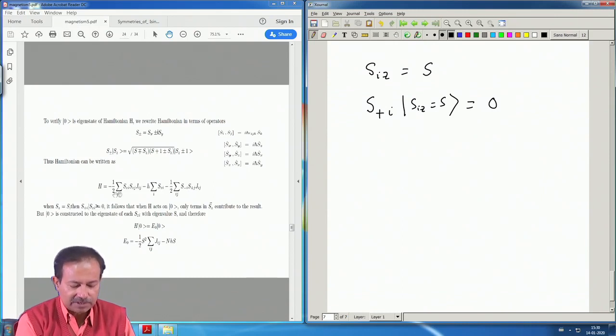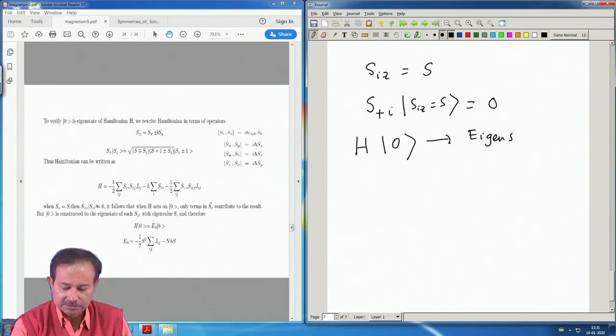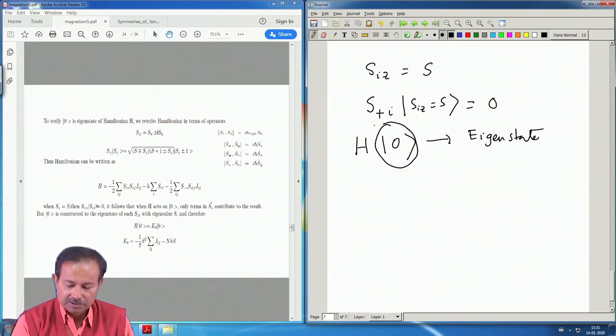So, now if you look at this Hamiltonian, if this Hamiltonian acts on the ground state, then I need to do two things. One, I have to first show that this one is an eigenstate. To do that I have to show that H|0> equals some E times |0>. This is something I have to show, that is number 1.